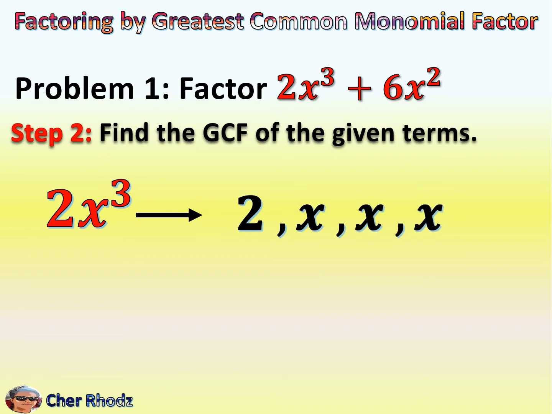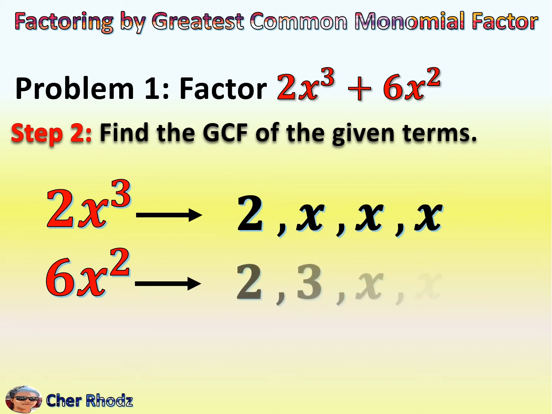Let's proceed to our second term, which is 6x squared. What are the factors of 6x squared? They are 2, 3, x, and x. Notice that in the example, prime factorization is used.